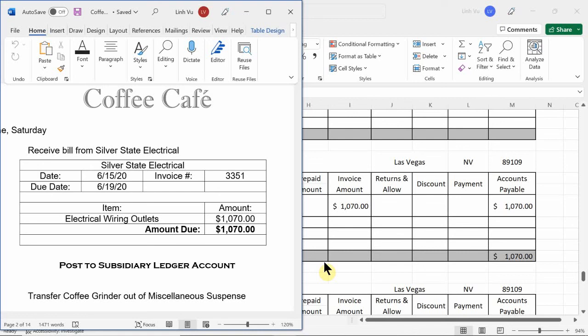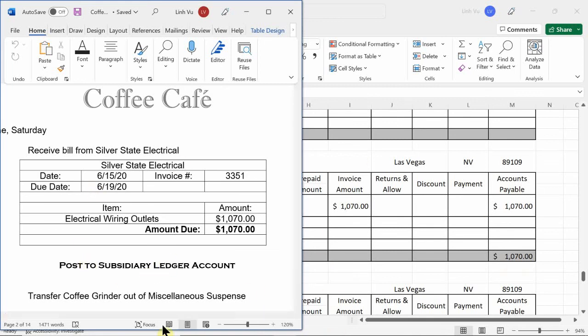We got the foundation, we got the electrical wiring going, we tacked on everything to my cost for the coffee grinder. So now it's ready to be placed into service. I can now transfer it from miscellaneous expense into the proper account.